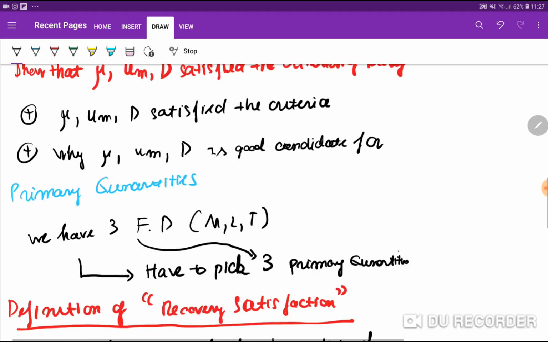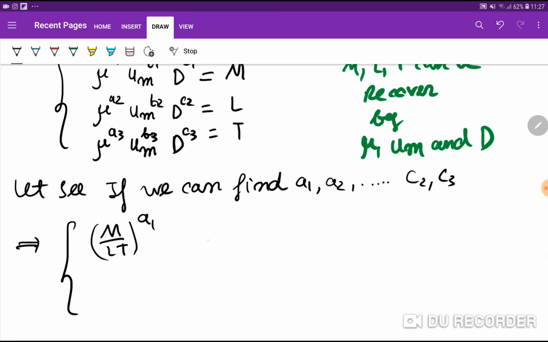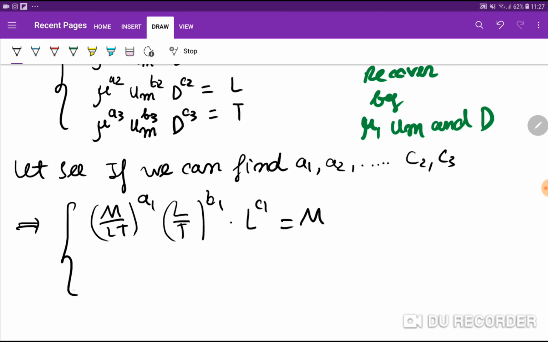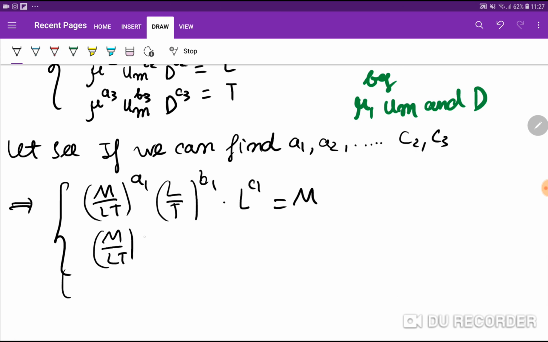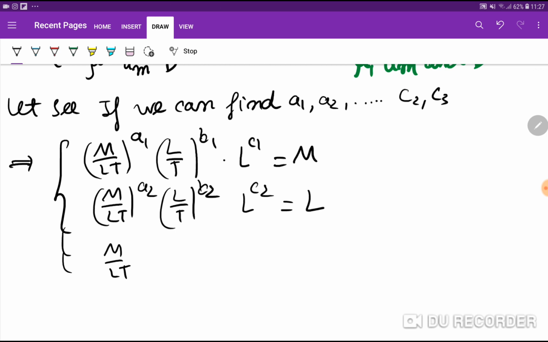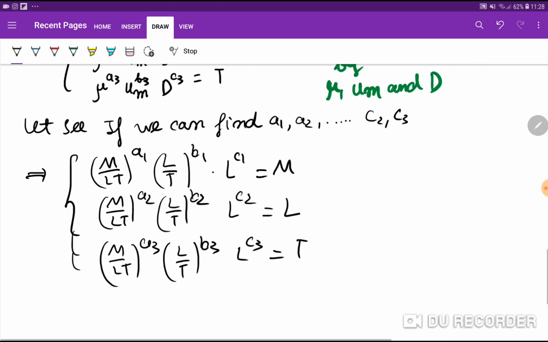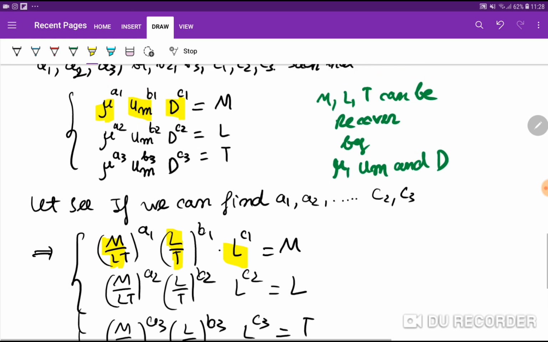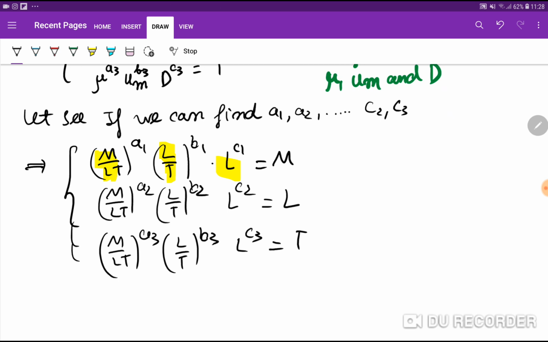Similarly, you can write velocity is length over time, so L over T to the power B1 times L to the power C1 equals M. Similarly, you can also say M over LT to the power of A2, L over T to the power B2, L to the C2 equals L, and also M over LT to the power of A3, L over T to the power of B3, L to the power of C3 equals T. So what I did is I just substituted mu with M over LT, UM with L over T, and the diameter D with L. I do the same thing for M, L, and T, just with different names for the numbers, which are A1, A2, A3.